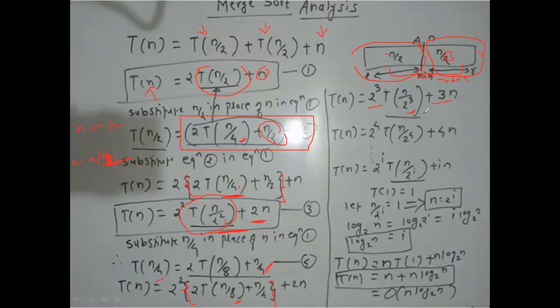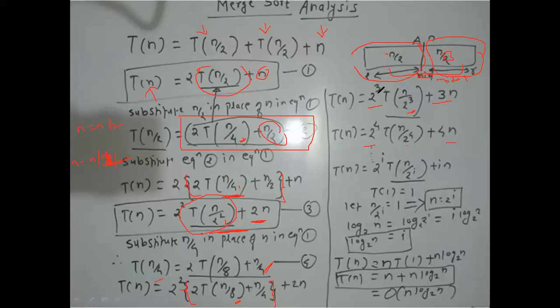Next we substitute n by 8. So similarly we substitute here, n cube, then we get the n by 4. Next we have n by 8. So similarly after 2 cube, we get 2 power 4, 4n.